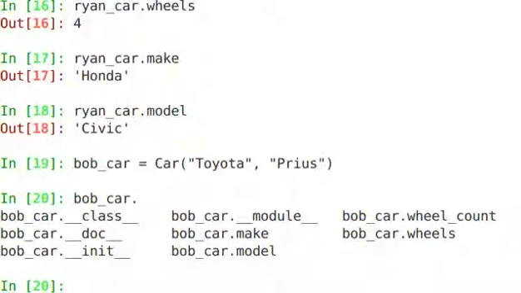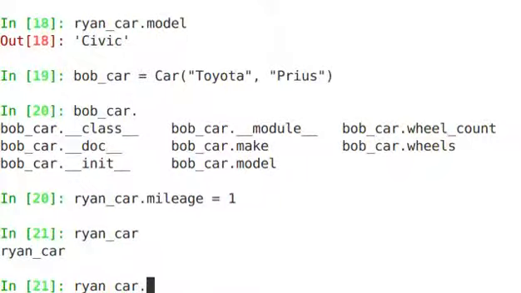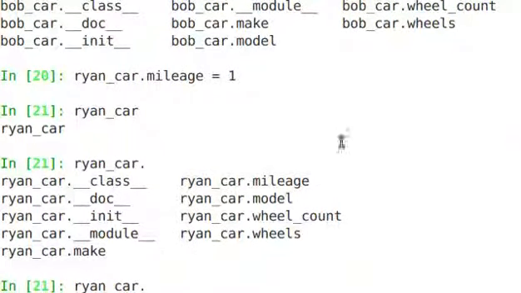You can manually reach in and touch or create instance attributes. So for example, whoops, Ryan_car.mileage equals 1. And now I have mileage, Ryan car.